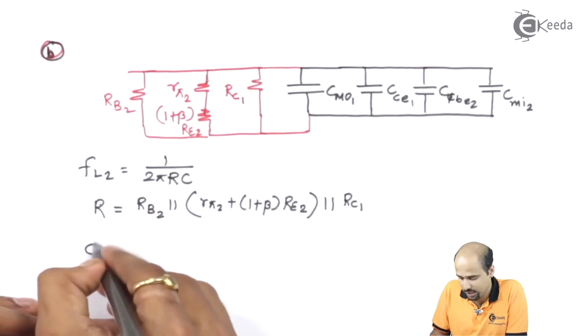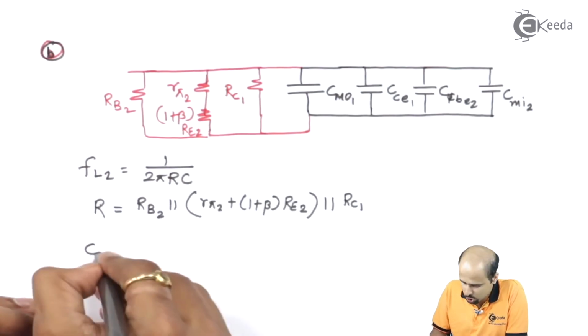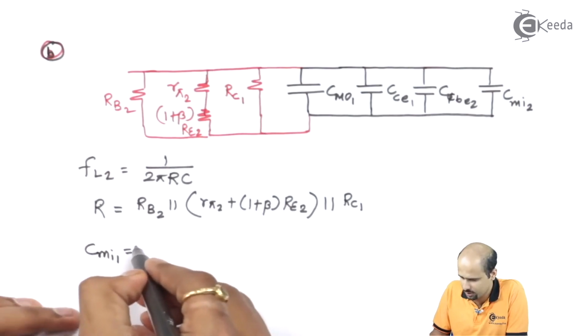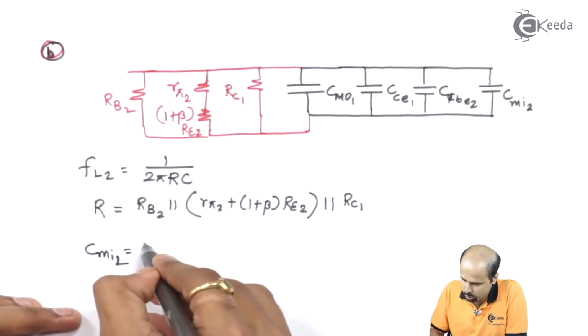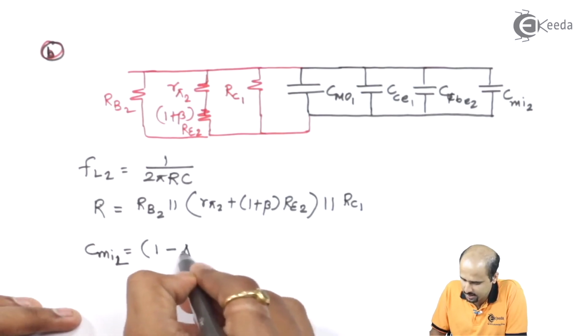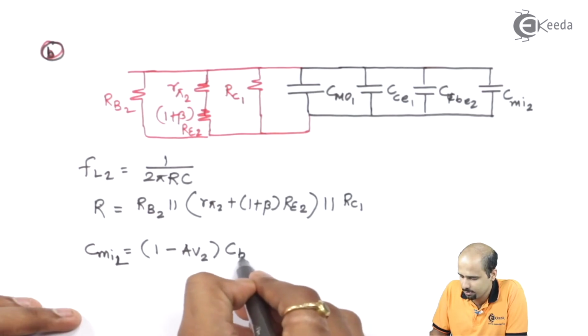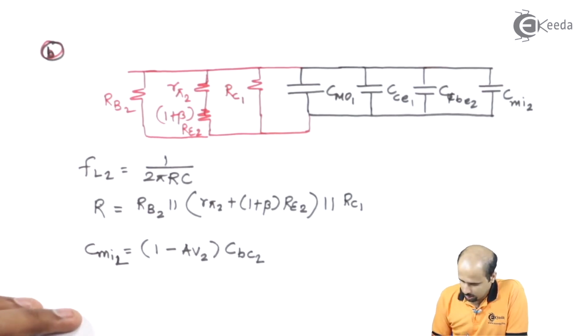First of all, we'll have to calculate CMO1 and CMI2. CMI2 is nothing but 1 minus AV2 multiplied by CBC2, right?